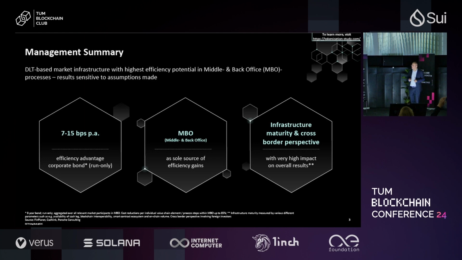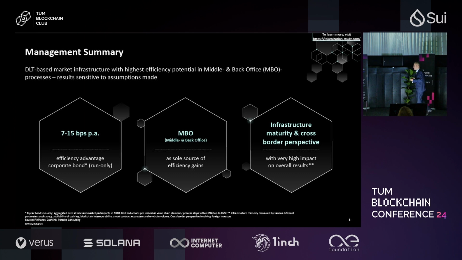And thirdly, we found that the results of our study were very sensitive to the actual maturity level of the DLT infrastructure. And what I mean by that, we're gonna dig a little deeper in the following slides. And also, we discovered that the results were quite sensitive whether or not you incorporate foreign or domestic investors.